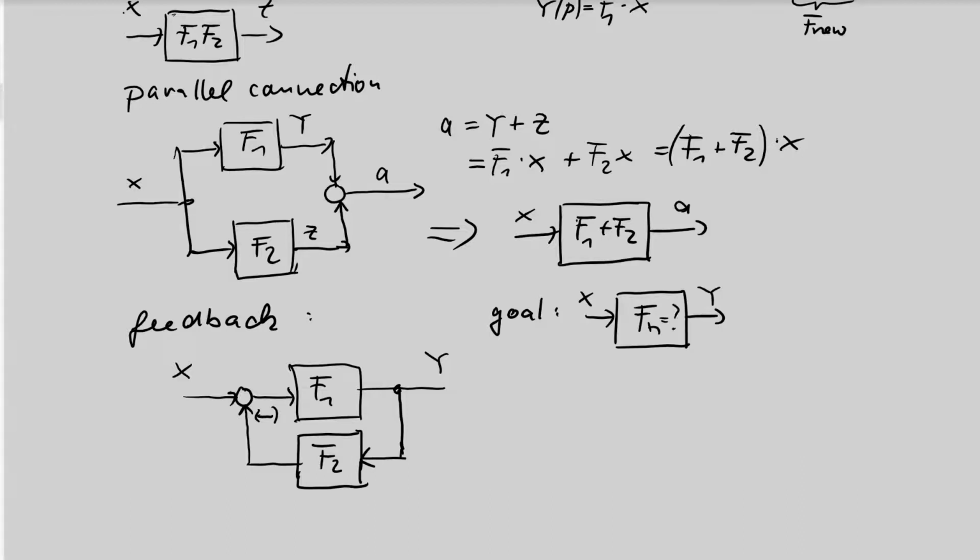This new function should be calculated. I know the new function Fn is output Y divided by input X. This is what I want to calculate, and this result can be used in my lecture later in many applications.